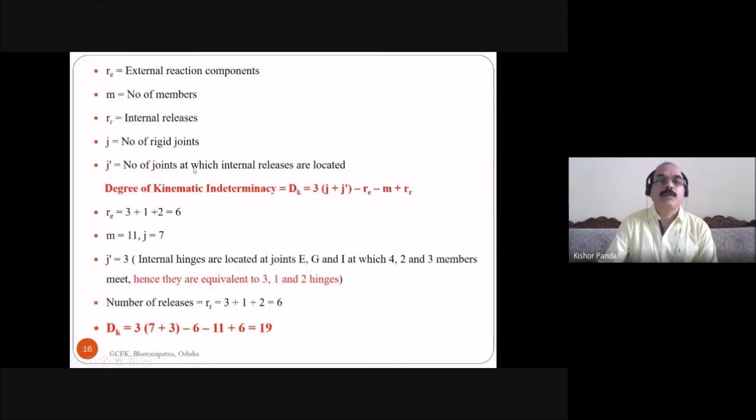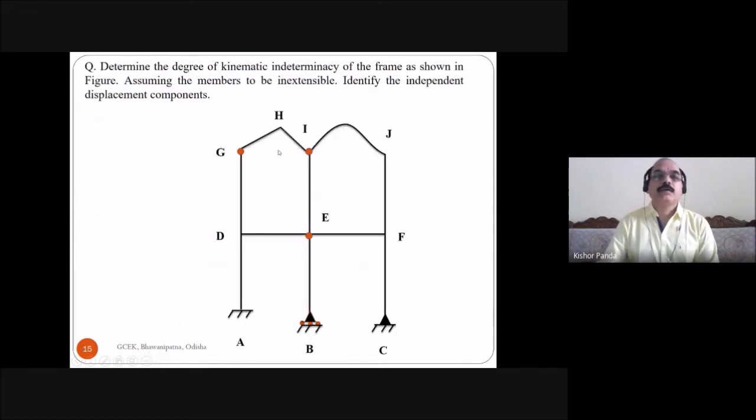z dash is the number of joints at which internal releases are located. So 3. This is one internal hinge, and another internal hinge. But here you see at this internal hinge G, 2 members meet. So here you have to take the number of releases equal to 1. 2 members means you have to take m minus 1, which is 1.